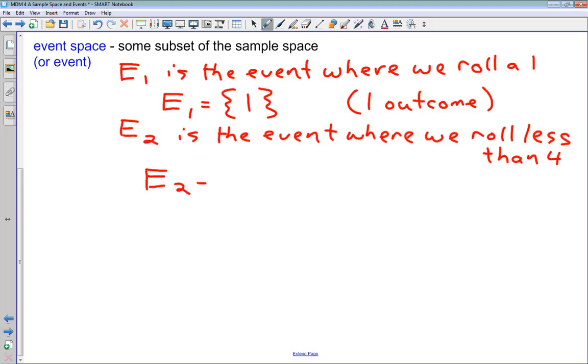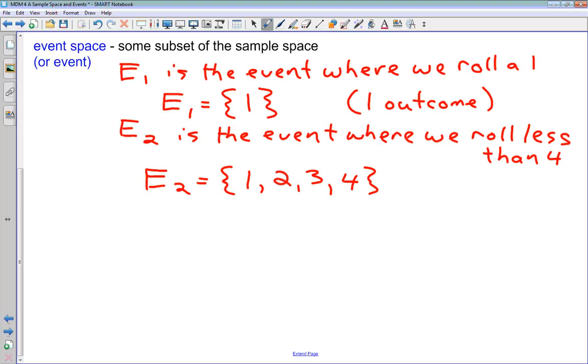So what outcomes do we have in the event space E2? Well, 1 is less than 4, 2, 3, 4. Those are the possible outcomes, 1, 2, 3, and 4, that correspond to this event that we are interested in.